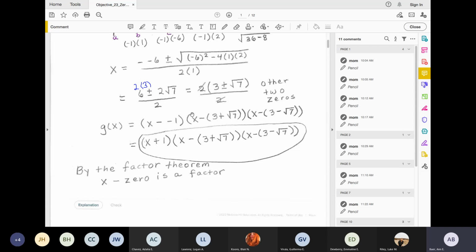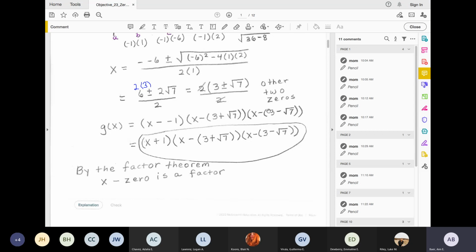We are required in ALEKS and in math in general to have parentheses around each factor. That's those parentheses. But because we're talking about a 0 here with 2 terms, and we want to make sure that we have the sign noted correctly, we need to put parentheses around 3 plus square root of 7, which is the 0 as well. And then we have x minus each 0.